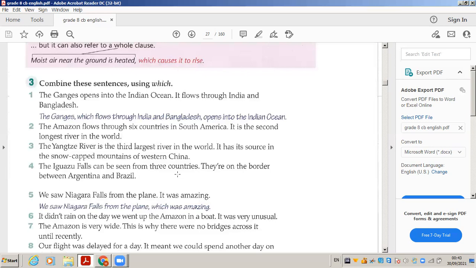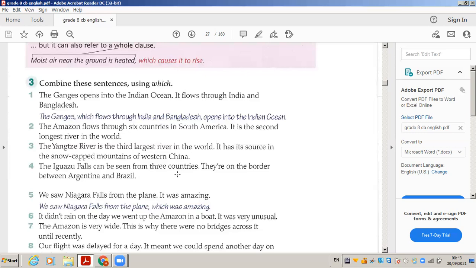Number 5. We saw Niagara Falls from the plane. It was amazing. Here, the non-defining relative clause is referring to the whole clause. So the answer would be, we saw Niagara Falls from the plane, which was amazing.